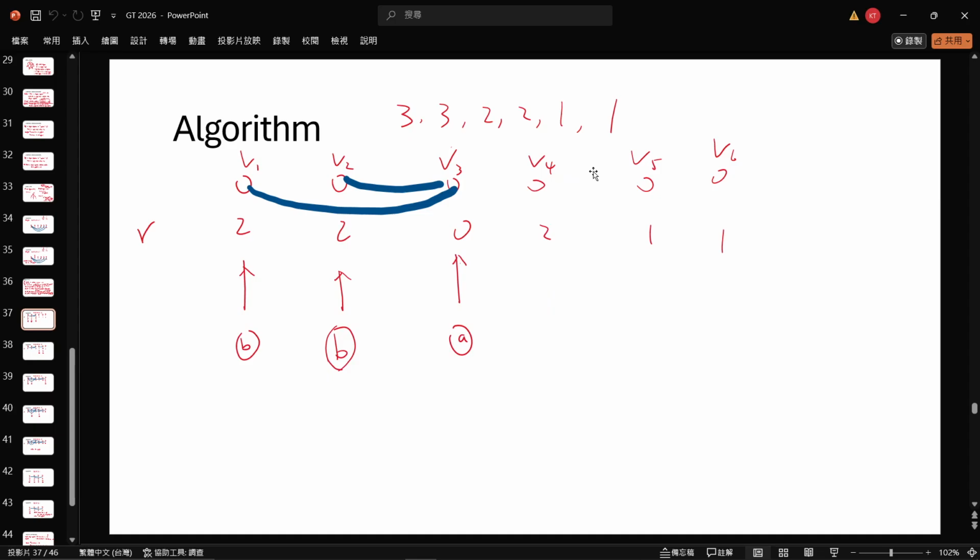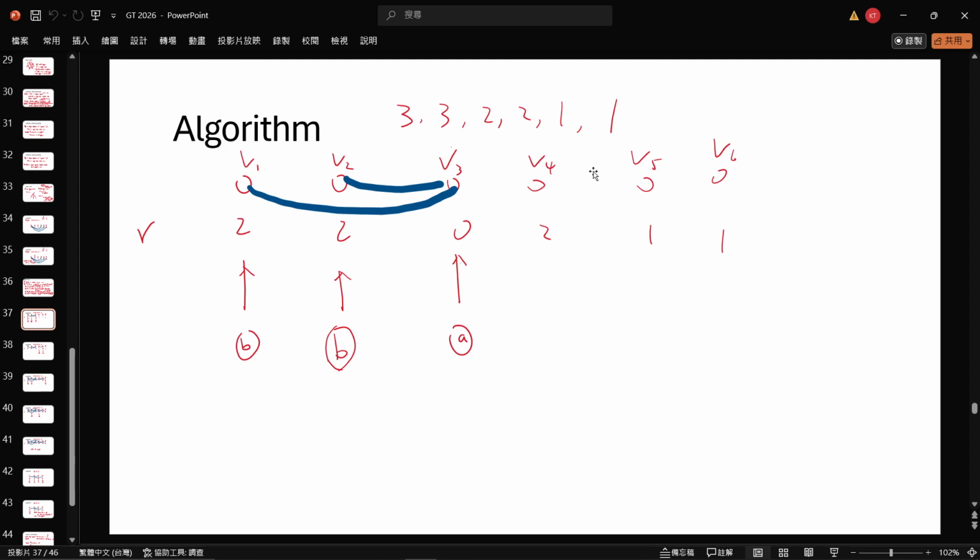To find out which endpoints are correct, we should look at this degree sequence. So we pick V5, and we have to find the single largest degree. Now we have ties, so we can choose from V1, V2, and V4 because they all have the highest degree.